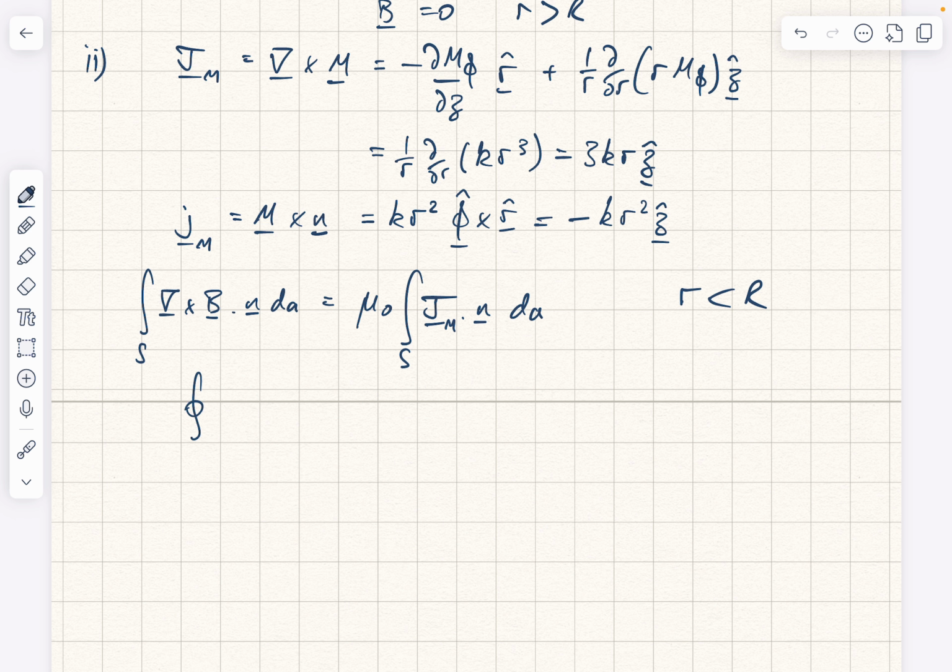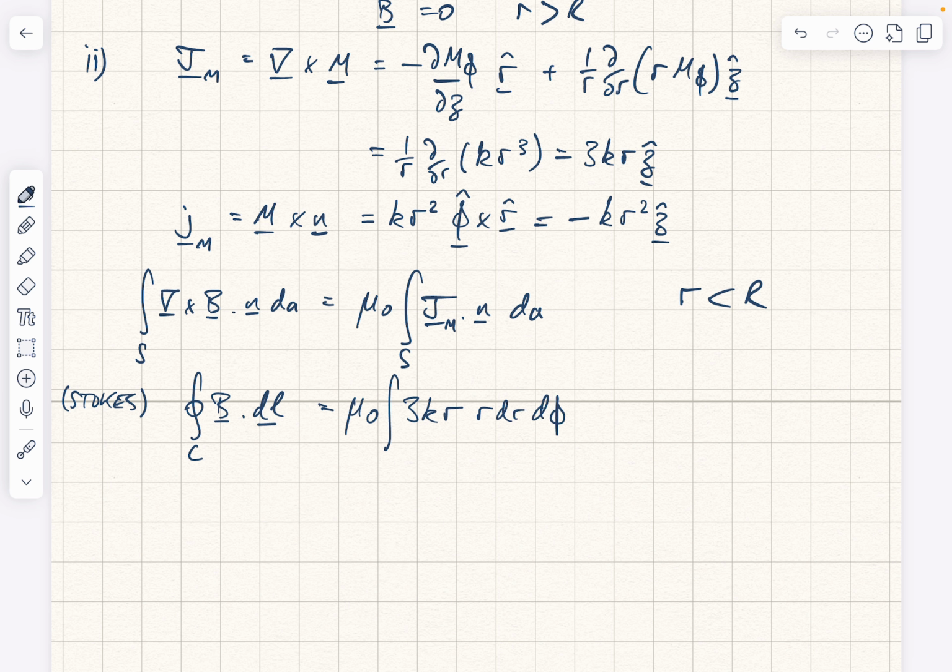Transform that and we get the closed loop integral of b dot dl, that's using Stokes' theorem. And that's going to equal mu naught times the integral of 3kr r dr d phi.